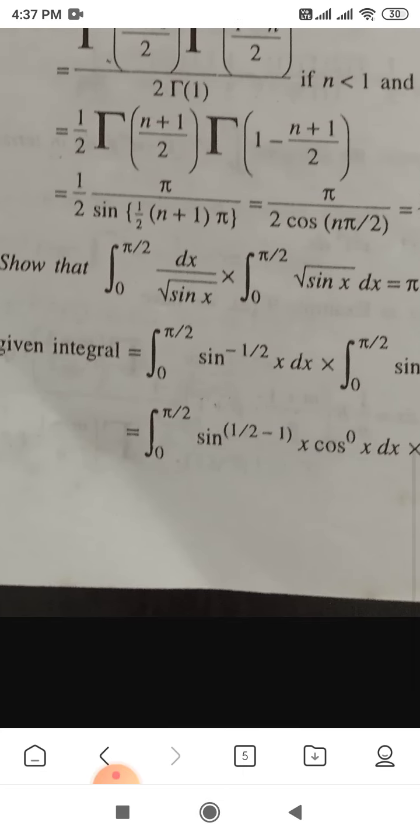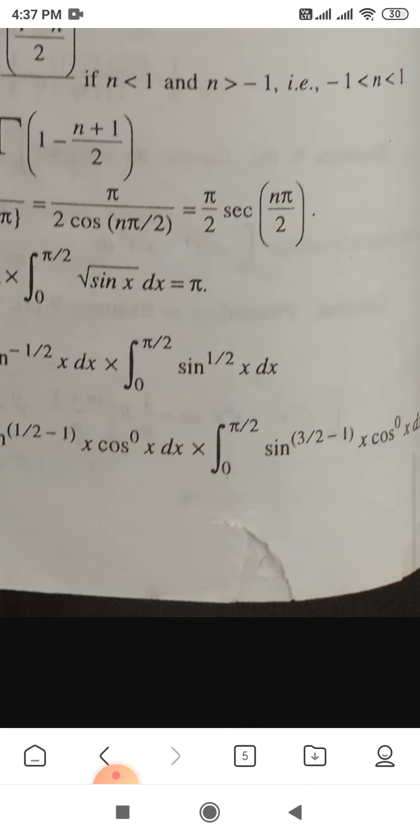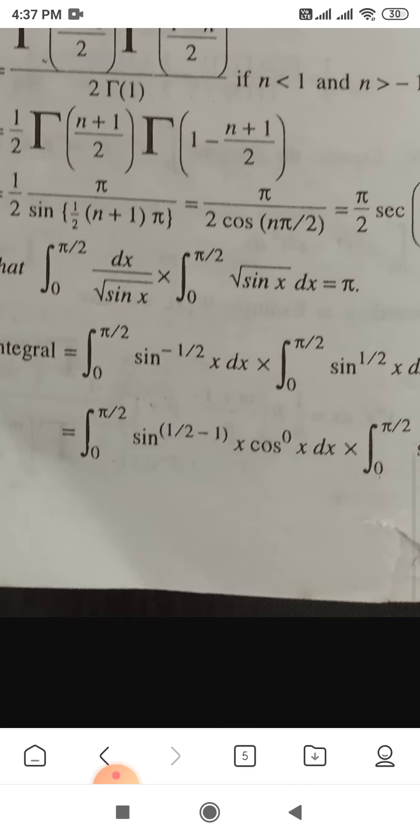Next, show that integral 0 to pi by 2 dx upon root sin x into integral 0 to pi by 2 root sin x dx is equal to pi.